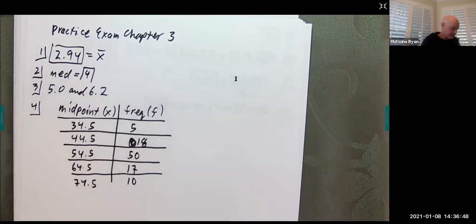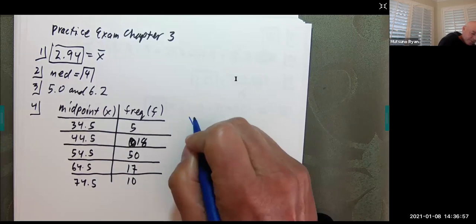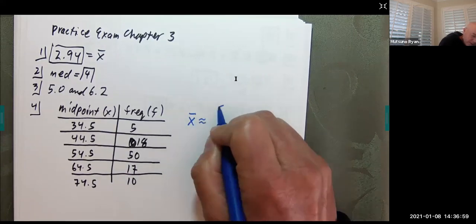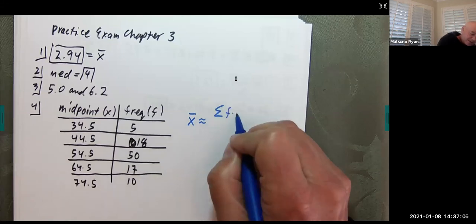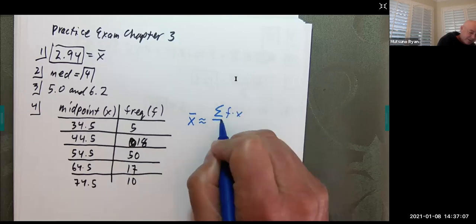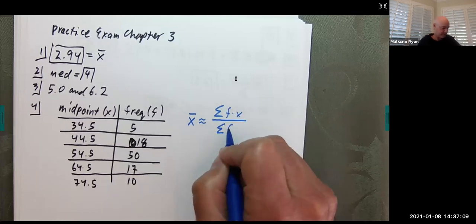Now we need 2 pieces of information to do this. So let's switch colors a little bit. So we're going to be adding up. Remember, that's a capital Greek letter S called a sigma. I'm adding up F times X, and we're dividing that by the total frequency.